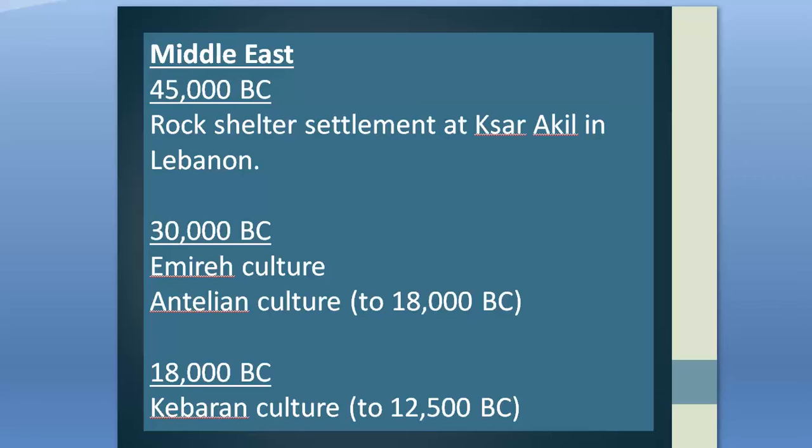Between 18,000 and 12,500 BC, the Kebaran culture, named after Kebara cave in Haifa, Israel, were highly nomadic people who used microlithic tools, collected wild cereals and lived in upland areas during the summer and caves and rock shelters near lowland lakes in the winter.